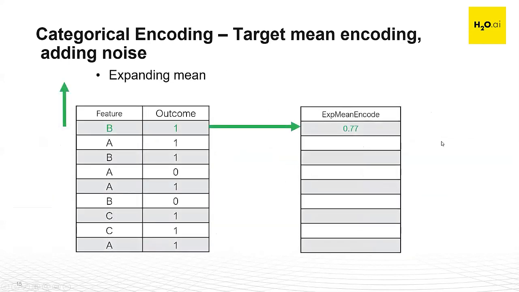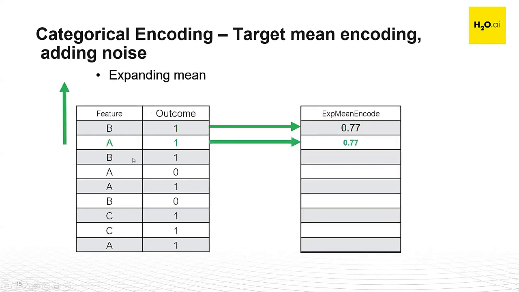And when you start encoding, for the first case of B, you don't have any previous known value for B. You start from top to bottom. So you replace with the average of the whole data set, which was 0.77.